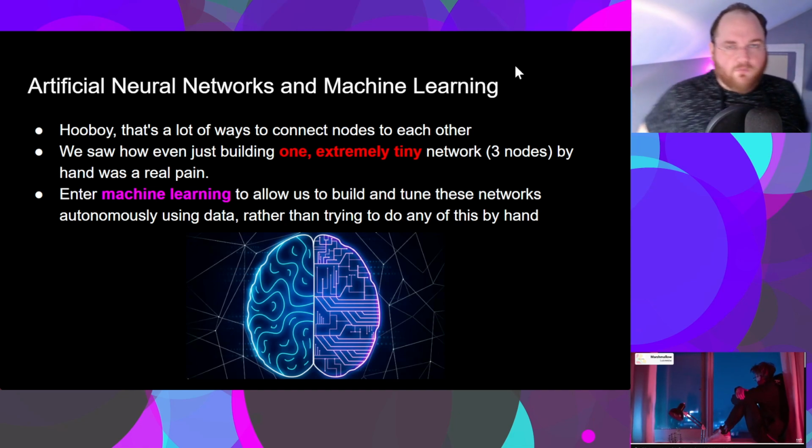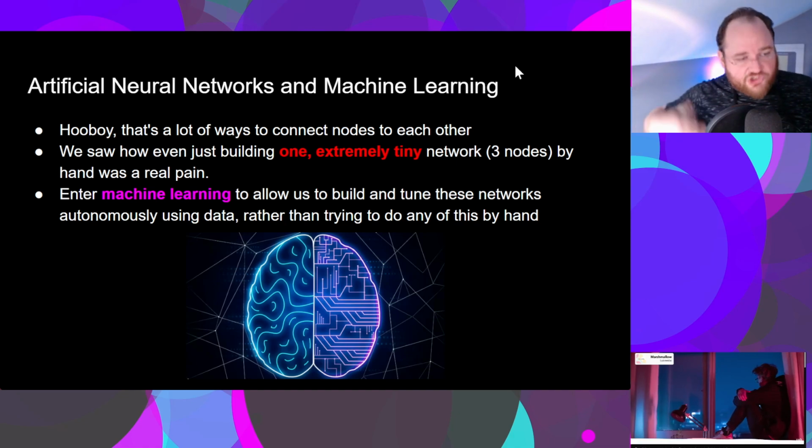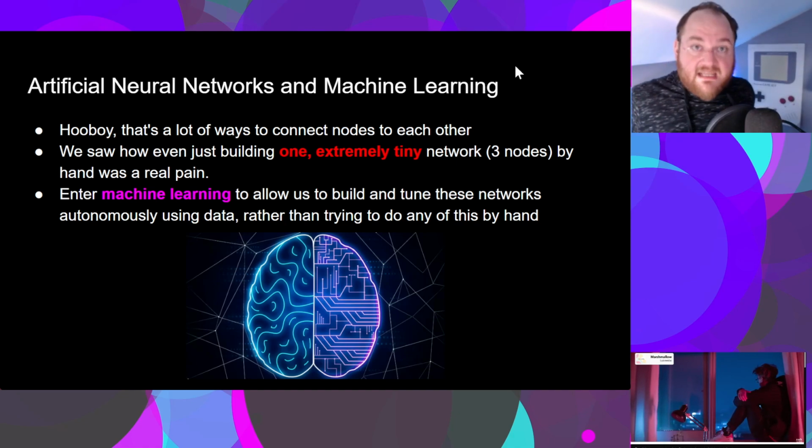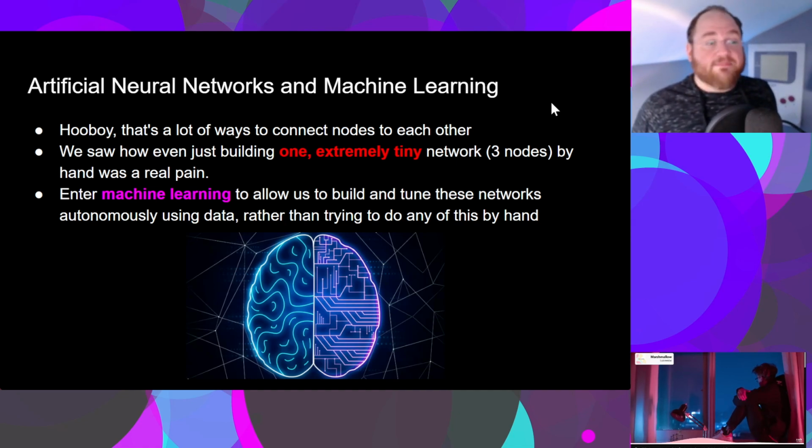Especially when we get to a point where we have networks that have a number of weights that are in the billions, right? So this is where machine learning comes in, to let us build and tune networks autonomously using data rather than trying to do anything like this by hand.